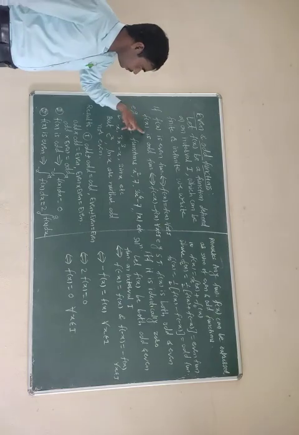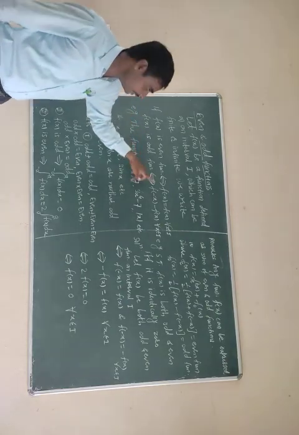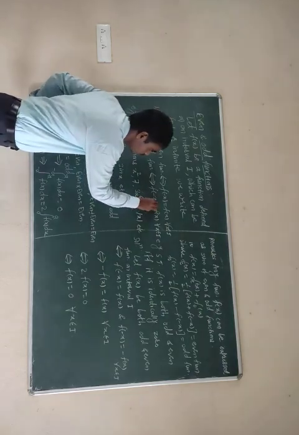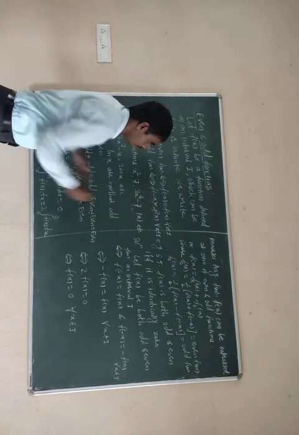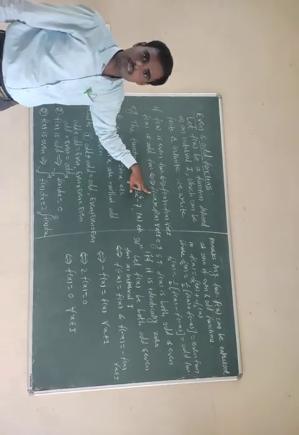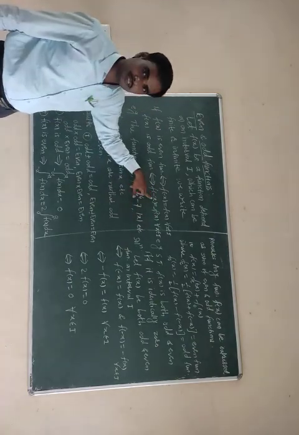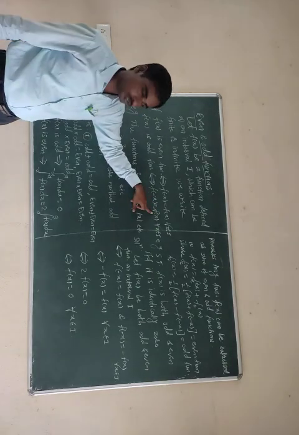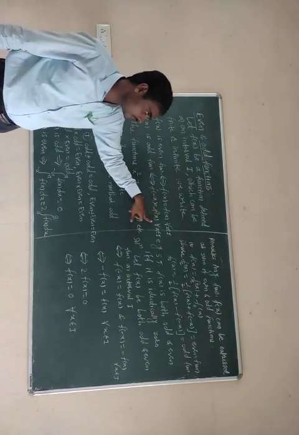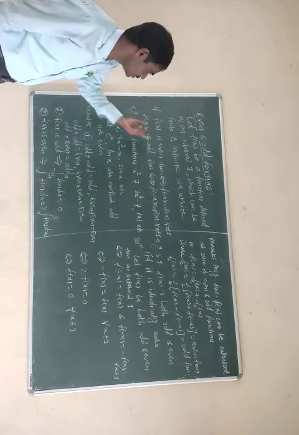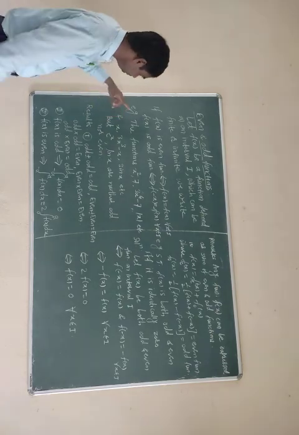Now f of x is an odd function if and only if f of minus x equals minus f of x, which means if we replace x by minus x in the original function, then that equals minus of the original function, for all x belonging to I.